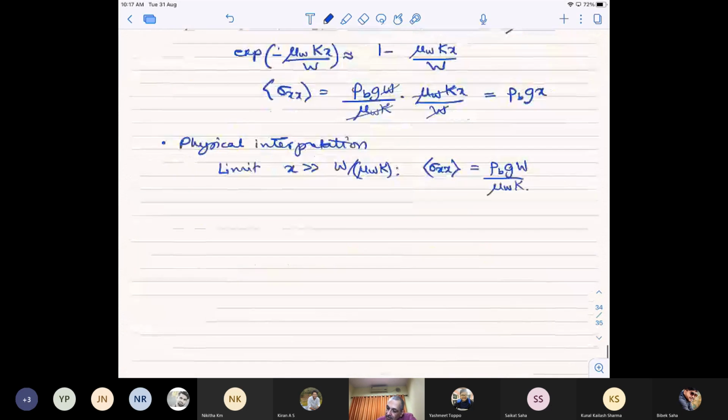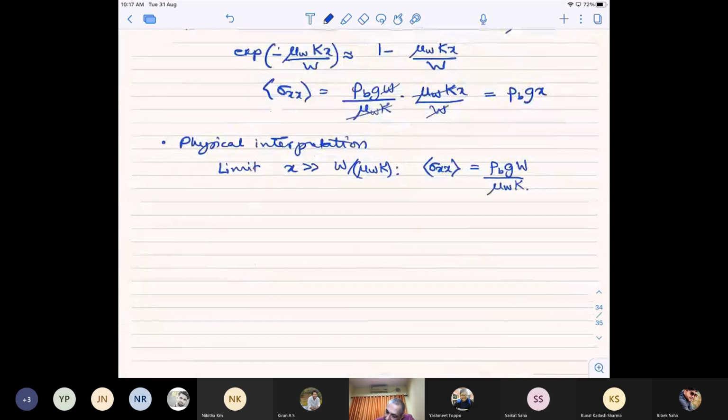And if you make a plot of this graph, let's say I plot sigma on this axis and x on this axis.